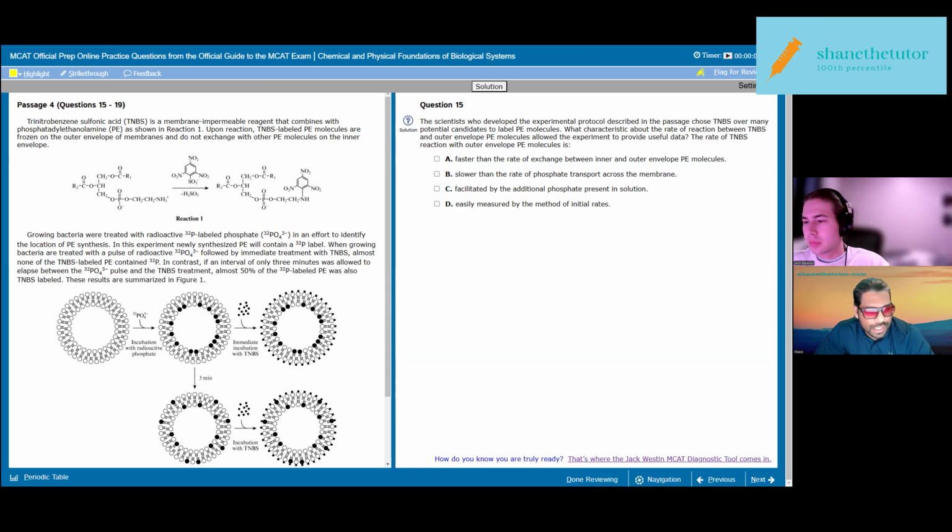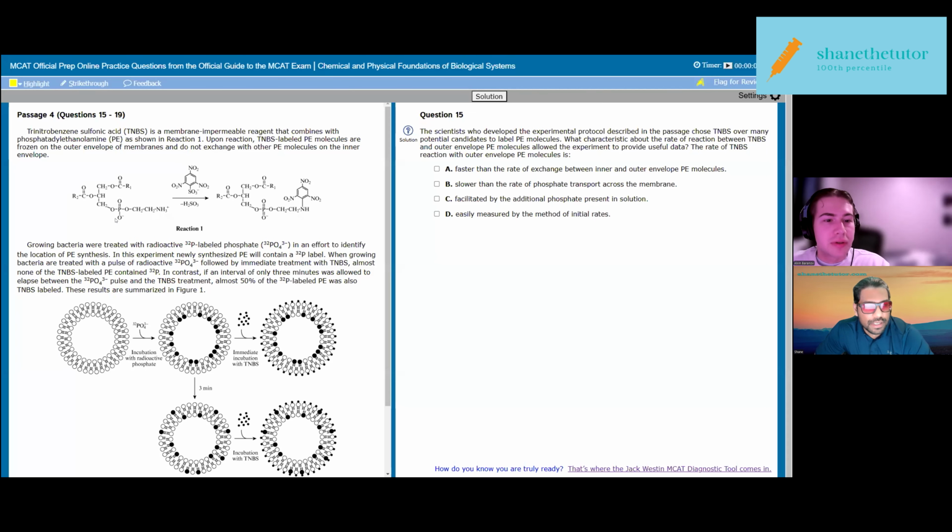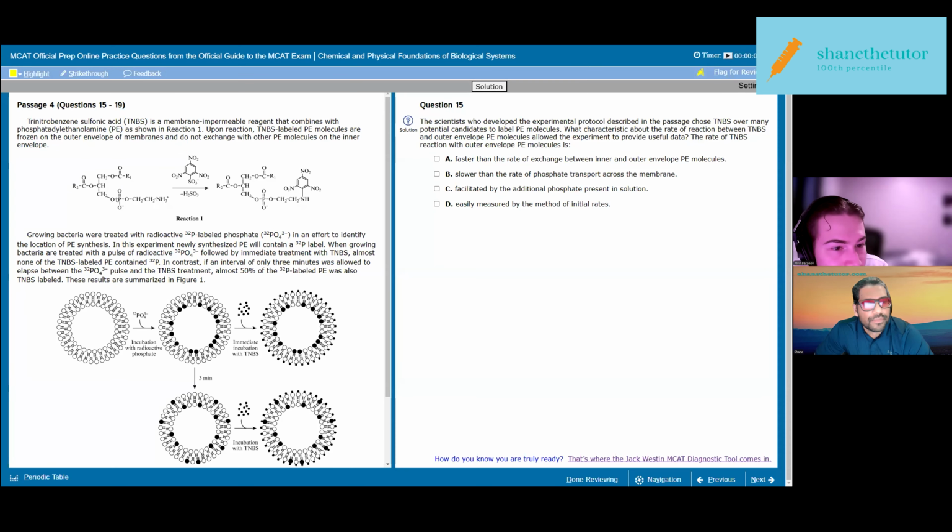What other groups? You said there were esters. Well, right here, that's an ester group, right? Yep. Are there any others? Well, phosphate. I mean, just another ester. Is there another ester? Yeah, right there. I don't know if you can see my cursor.